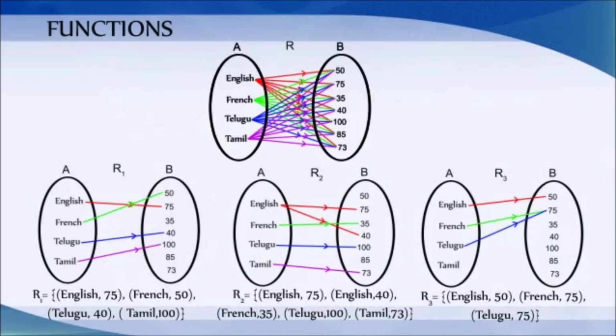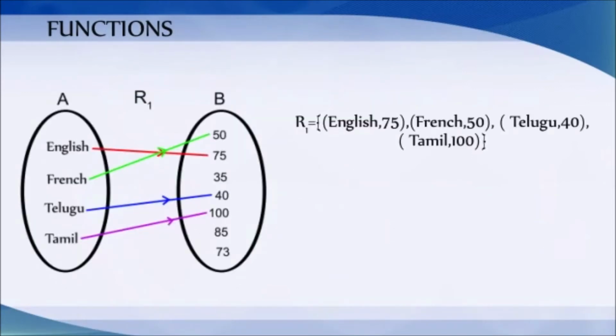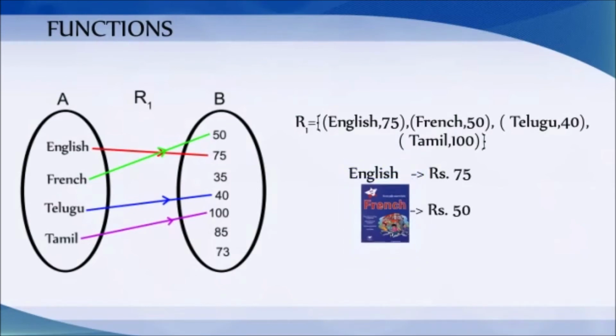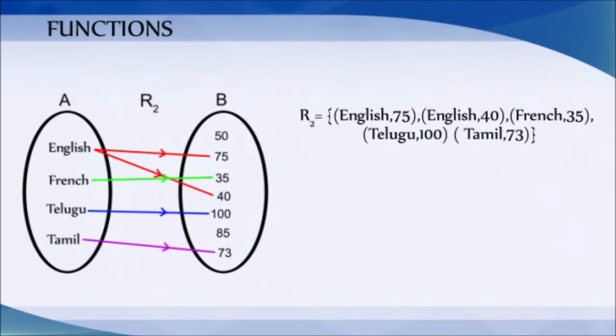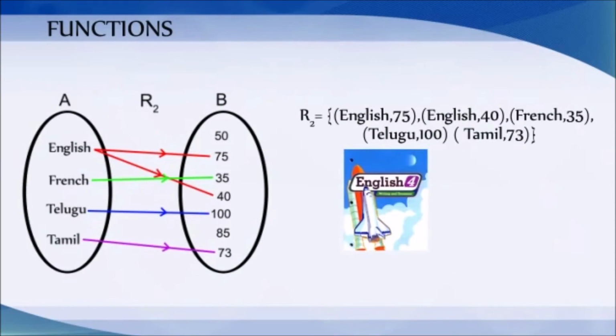For example, R1 is equal to (English, 75) means the cost of the English book is 75 rupees. Similarly, the cost of French book is 50 rupees. The cost of Telugu book is 40 rupees and the cost of Tamil book is 100 rupees. Similarly, the relation R2 is also giving information about the cost of each book.